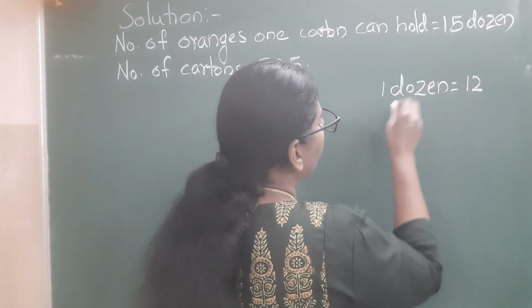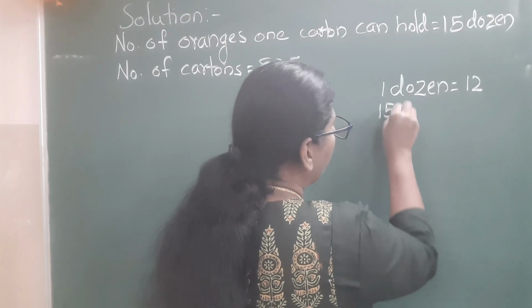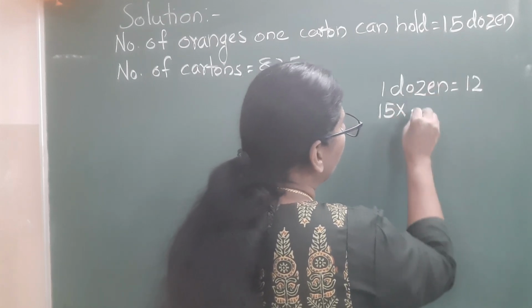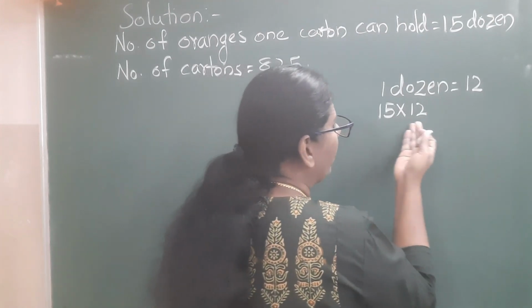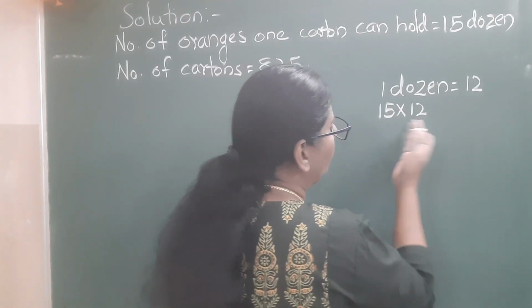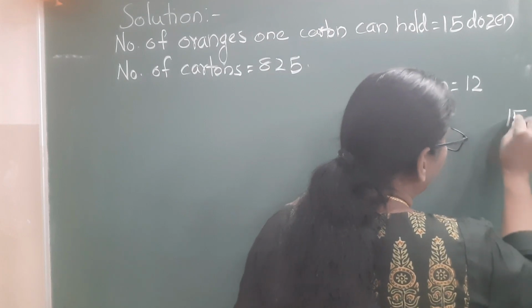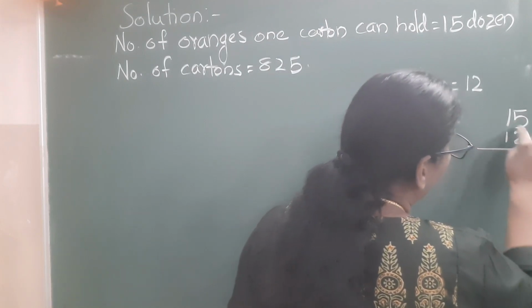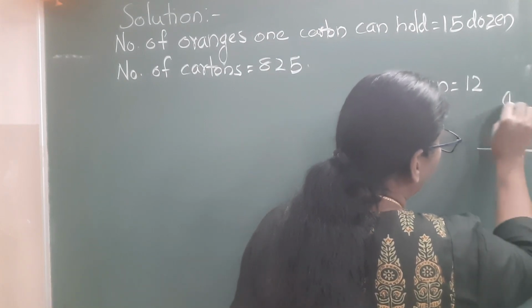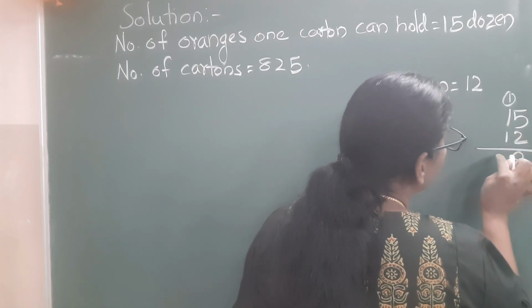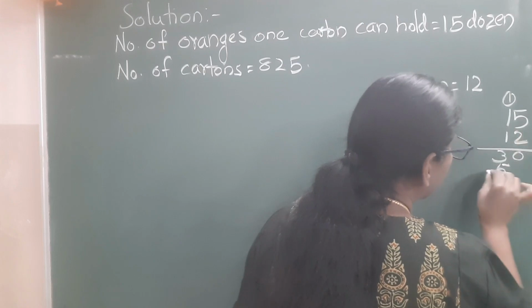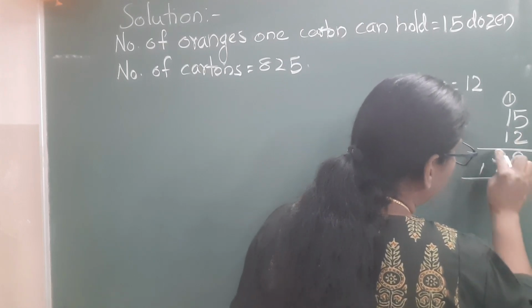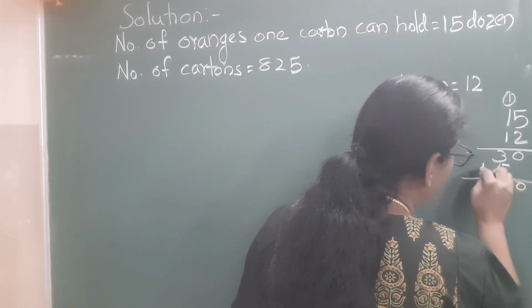So 15 dozen means 15 into 12, we have to find out how many oranges. So 15 into 12, let's do: 2 5s are 10, 1 balance, 2 ones are 2 plus 1 is 3, 1 5 is 5, 1 1 is 1, 3 plus 5 is equal to 8, 1 as it is.